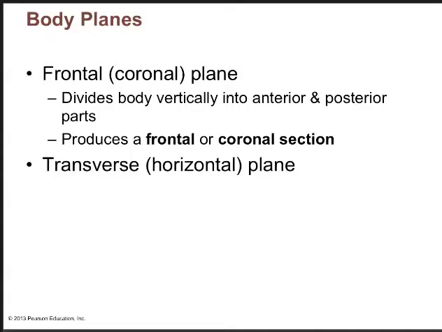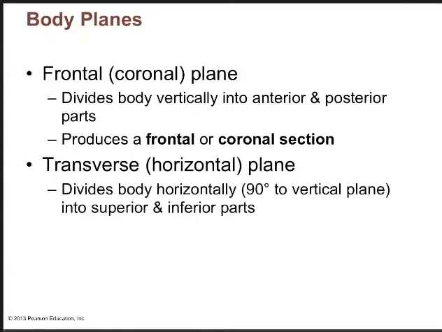A transverse plane would divide the body into an upper and a lower half. This would be, for instance, if you were standing in anatomical position and we cut you in half right where your hips meet your trunk. Your trunk and your upper limbs and head and neck would be one half, and the hips and the lower limbs and feet would be the other half.